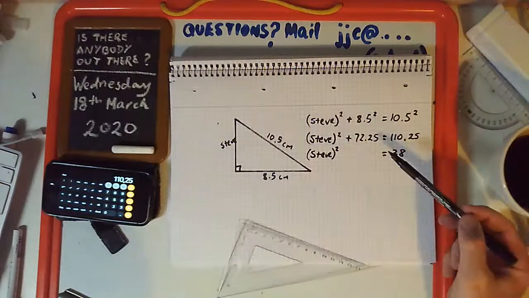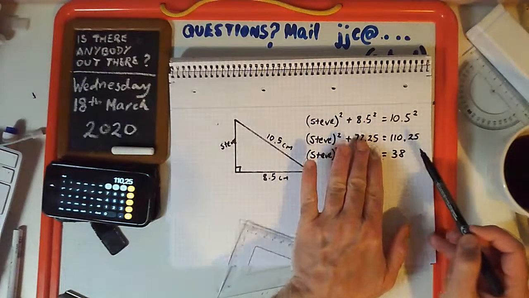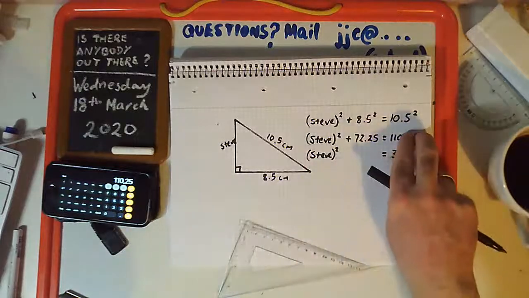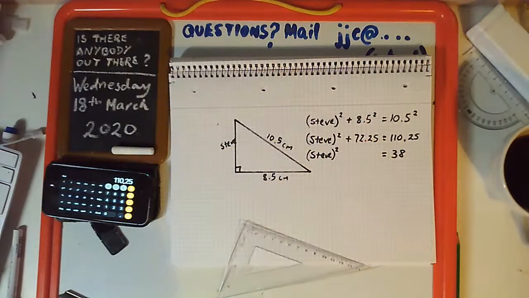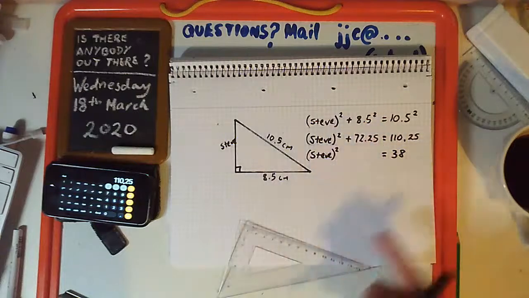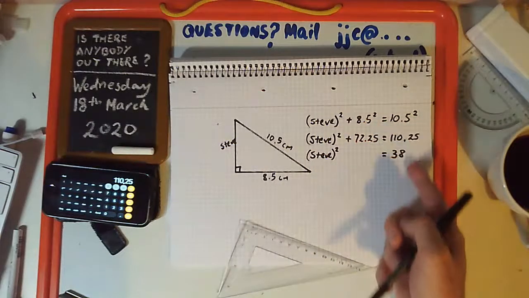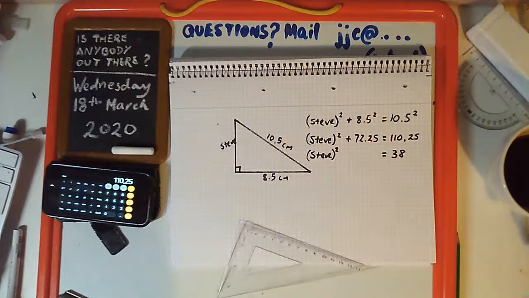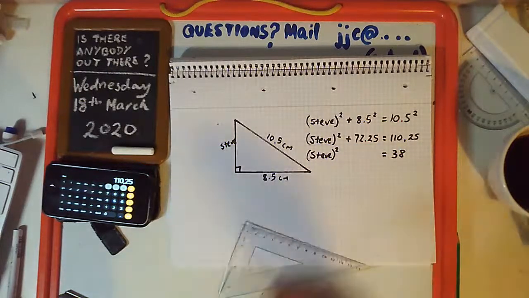So having taken away 72.25 from the left and 72.25 from the right, I end up with Steve squared equals 38.